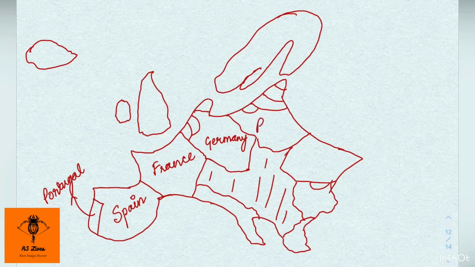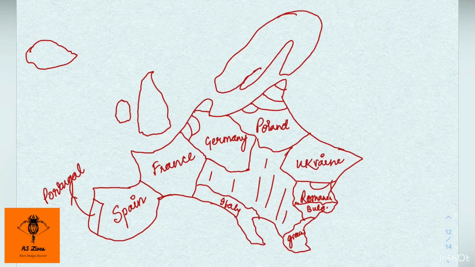This one over here is Poland. Then this tail area is actually Ukraine. This one is Romania. And here we have separated as Bulgaria. This is Greece. And this is of course Italy.